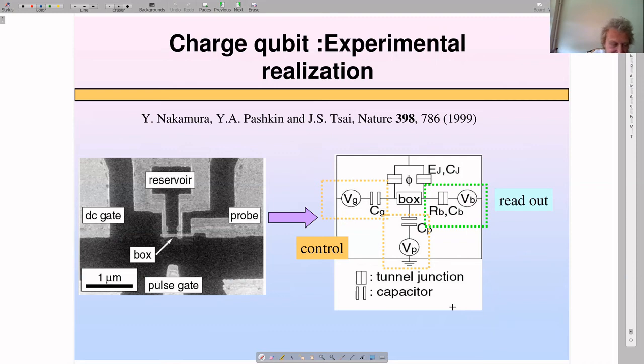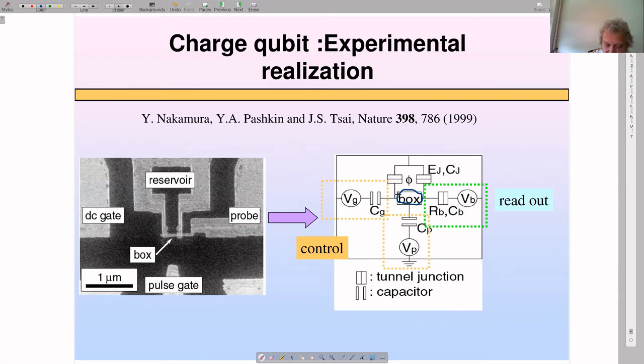So that's an experiment again. I don't discuss it frequently, so let me give you some experimental details. It was a single electron box, an island. Here it is in a circuit.